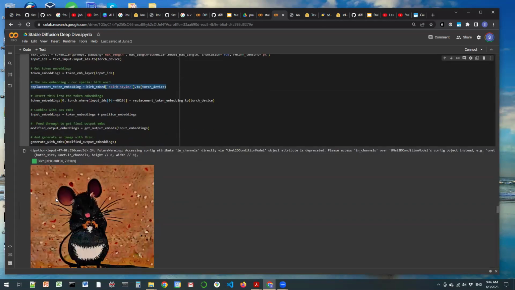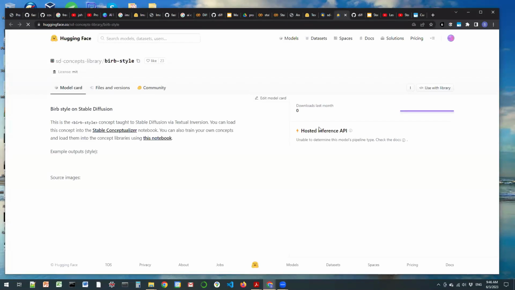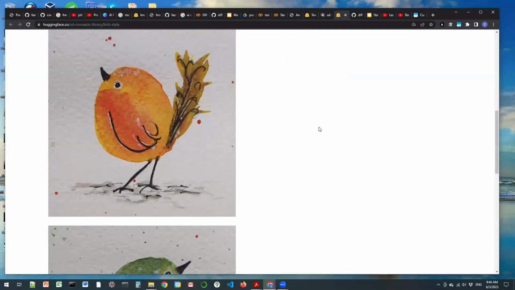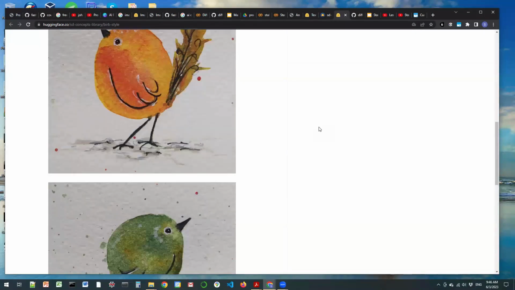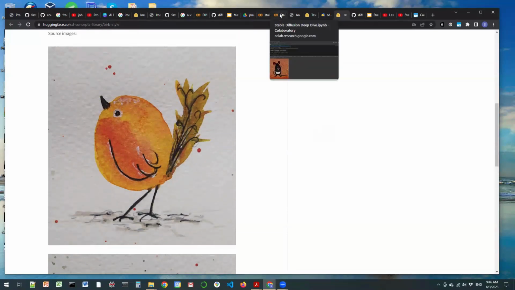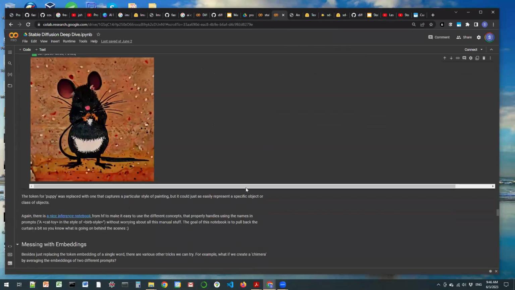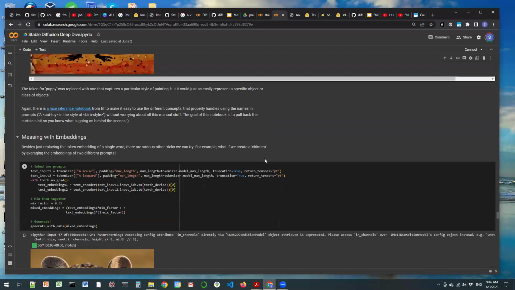And out pops this style of image, a mouse in the form of a puppy. If you look at the verb style, this is what he has used to create it, and you can see that the resulting image is very much along the style of these paintings. You can play with it again to get oil paintings and paintings in the form of particular artists and so on and so forth.